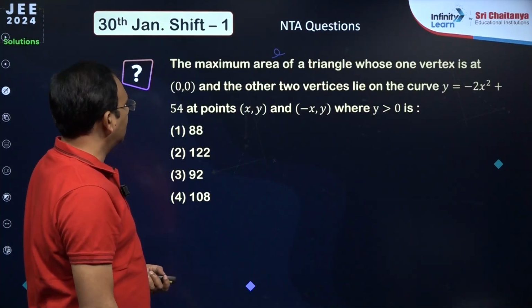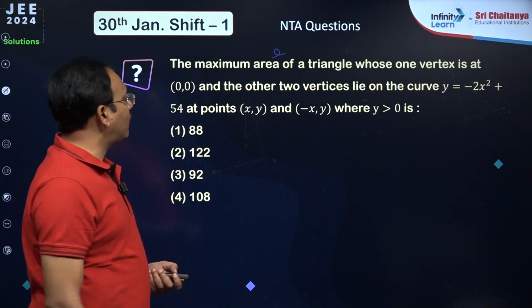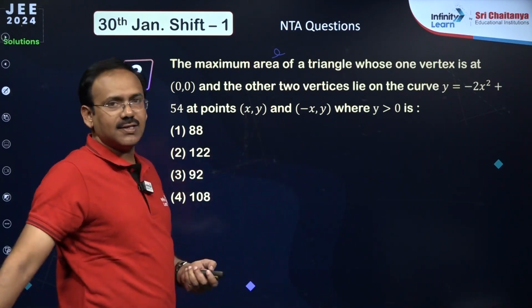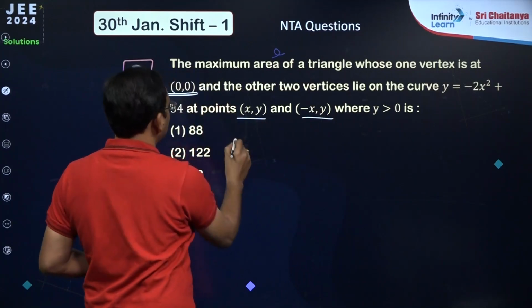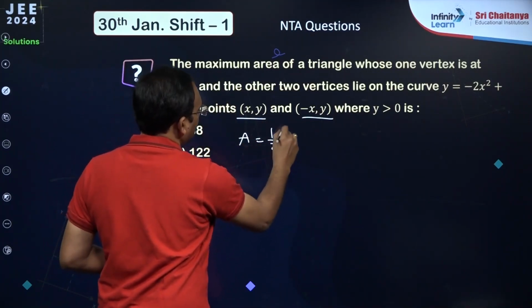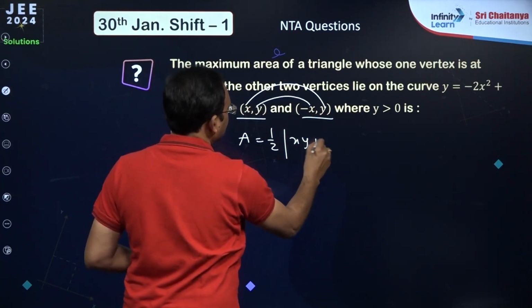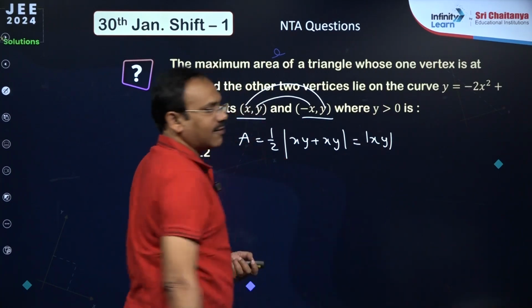Next, my dear friends, you see this question. The maximum area of the triangle whose one vertex is at 0, 0 and other two vertices are x, y and minus x, y. So the area, my dear friends, if one vertex is 0, 0, is half modulus of x1 y2 minus x2 y1. That is xy plus xy, which is going to be xy with modulus, my dear friends.